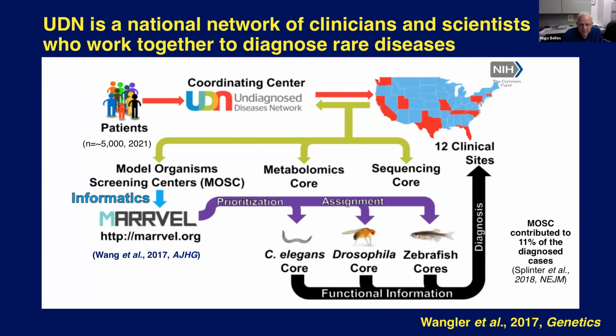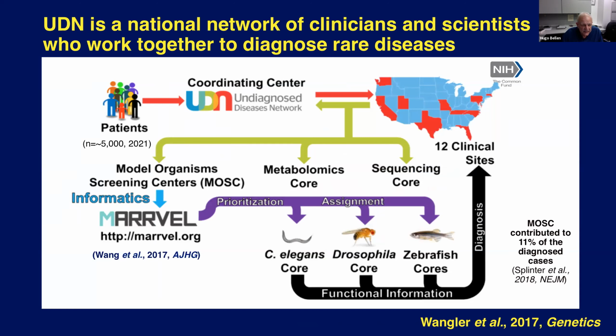Now, I want to briefly talk about the UDN, which is the second system where there is a structure, and that structure, as I said, is being developed in the United States, but also internationally in many different countries. In the United States, the Undiagnosed Diseases Network is a network of clinicians and scientists who work together to diagnose rare disease.